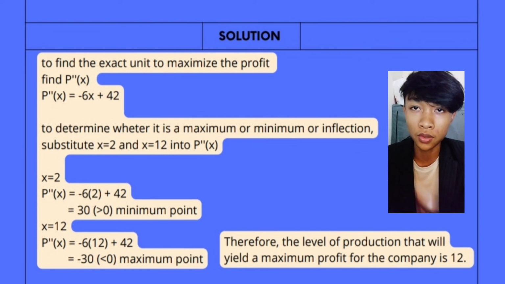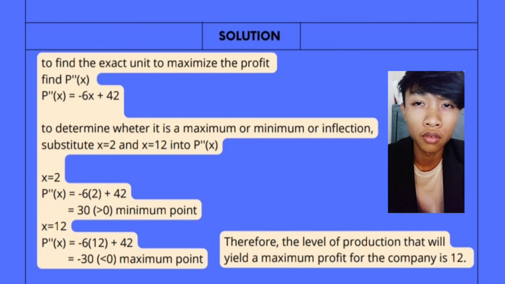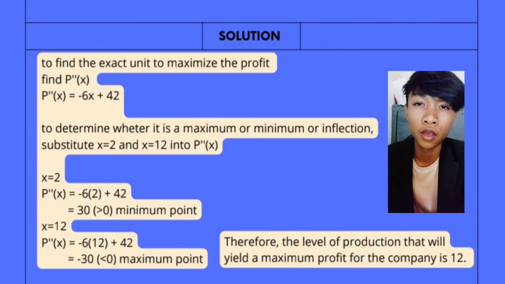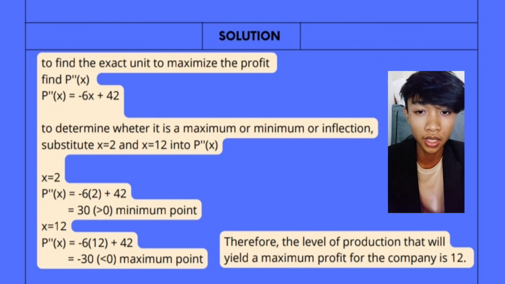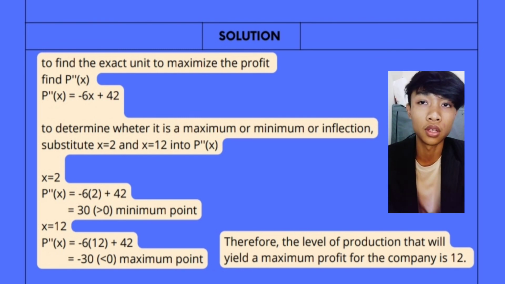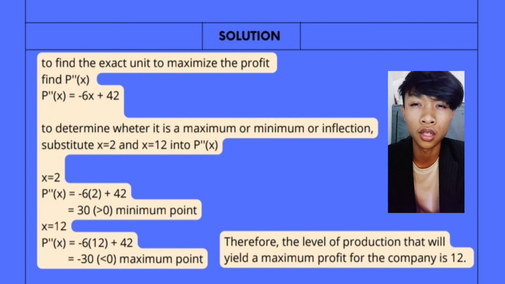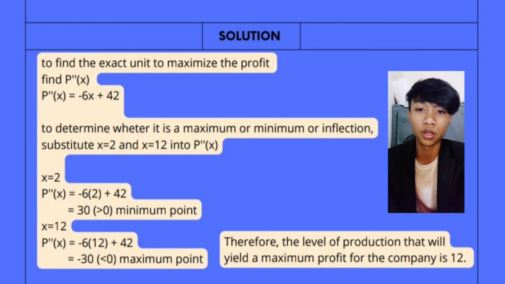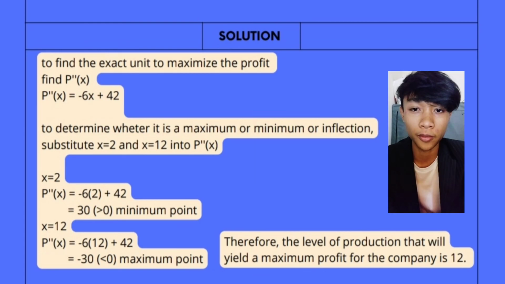If x is 2, we get 30, which is more than 0, so it is a minimum point. If we substitute x equals 12, we get negative 30, which is a maximum point. Therefore, the level of production that maximizes the profit for the company is 12.